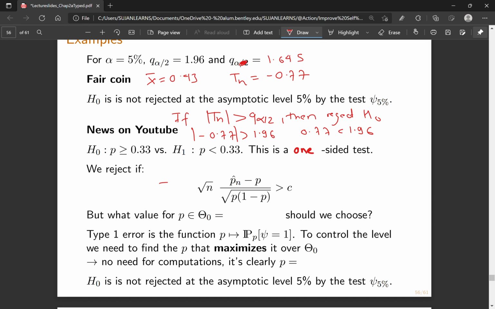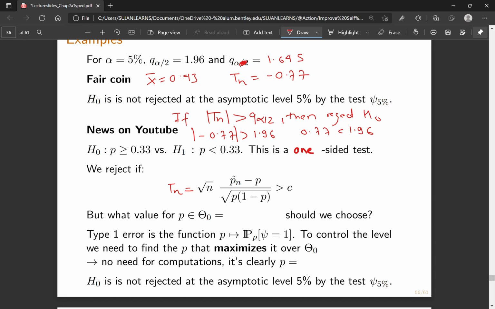We are interested only in a one-sided test. Therefore, Tn, which is the test statistic, will not be an absolute value for the one-sided test. It will be like this.